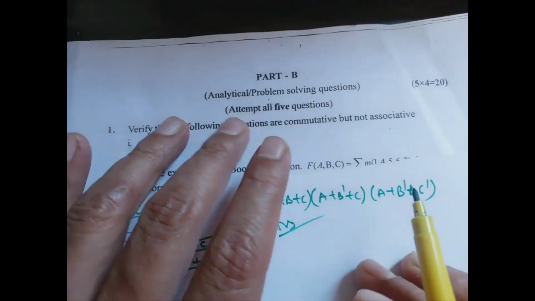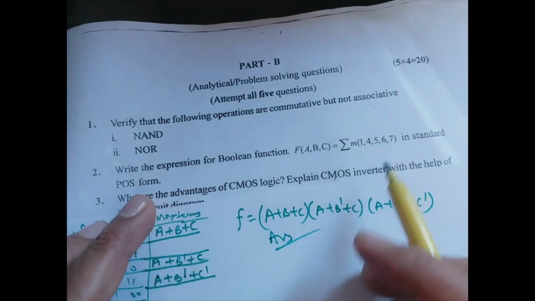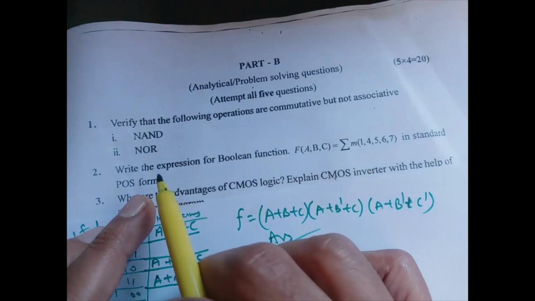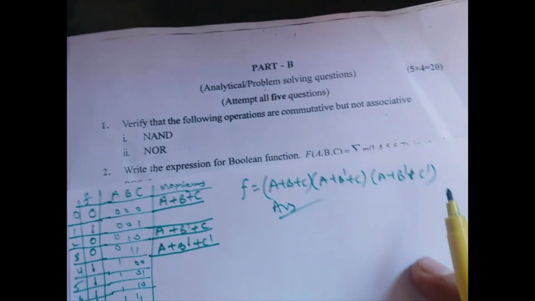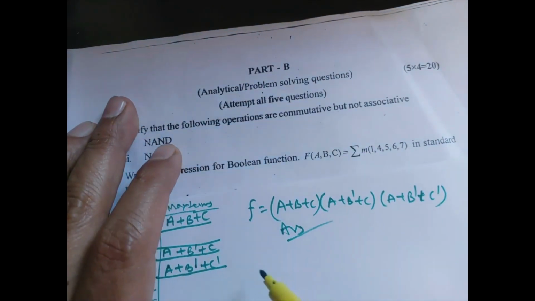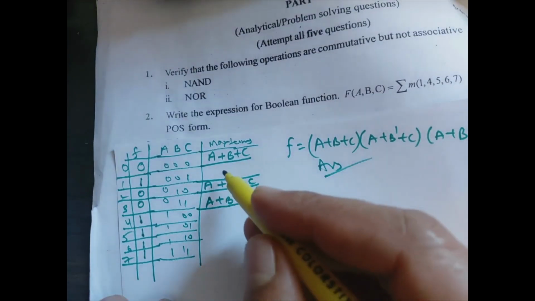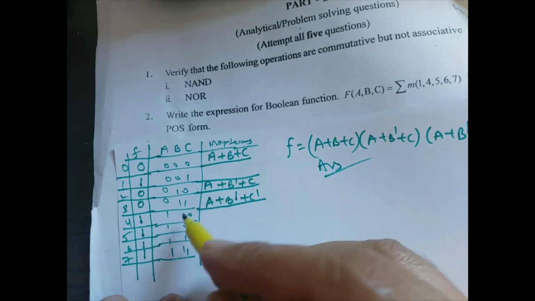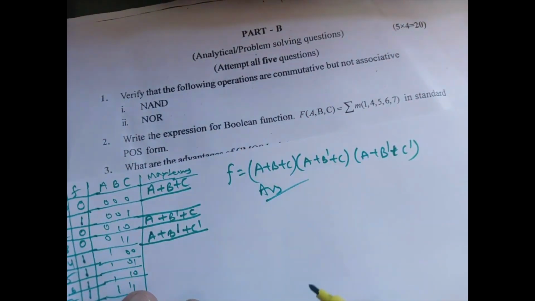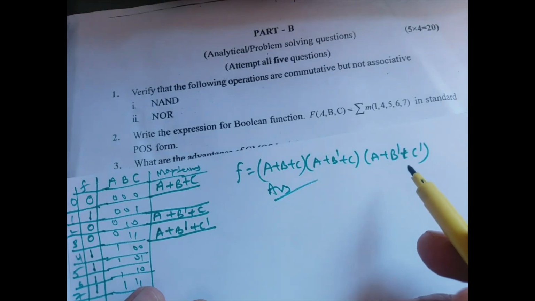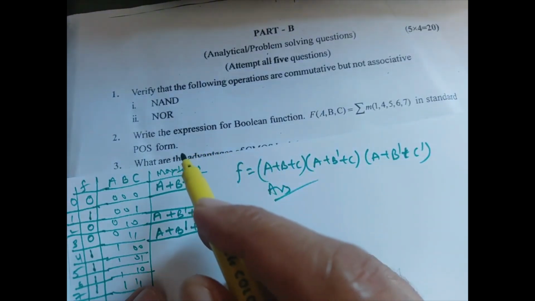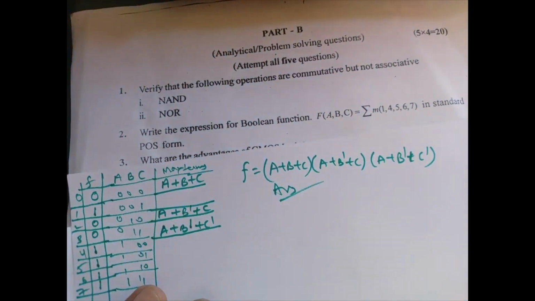So the answer to this question is, in product of sums format this function will look like this. And if you want to verify that you are right, we can check that these minterms will be there when we evaluate this and get it into standard sum of products.